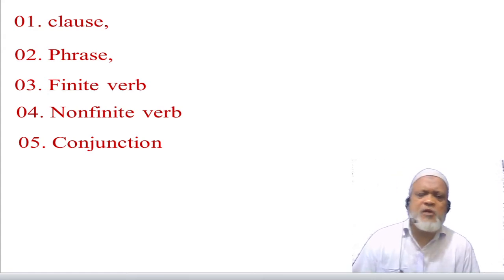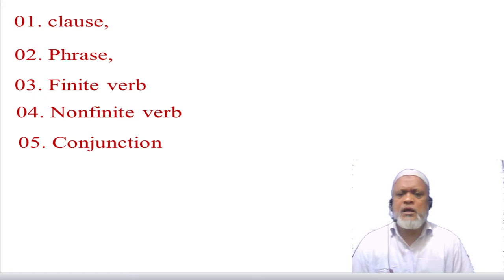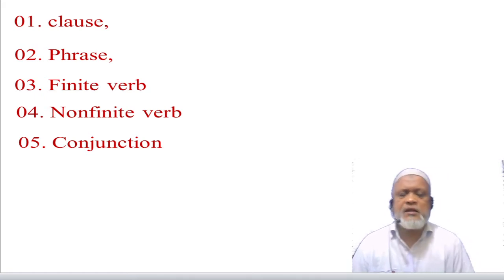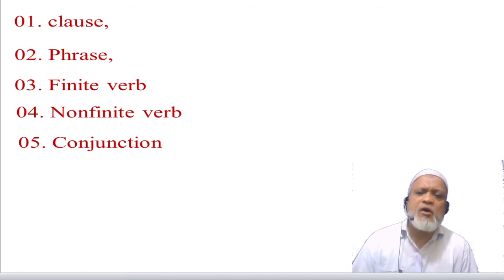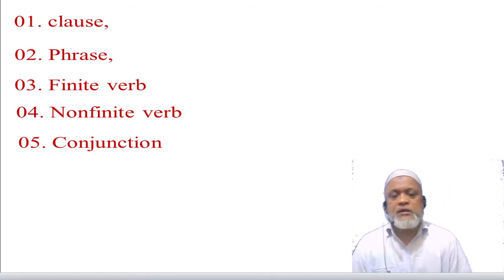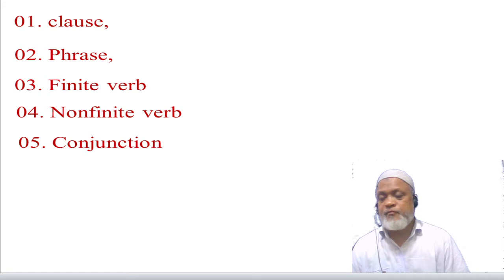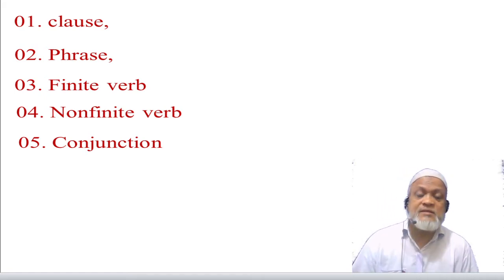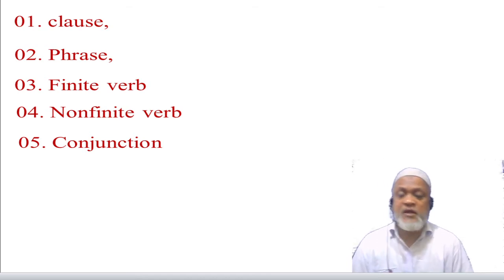Non-finite verb is limitless. It is not influenced by any other part of the sentence, or by tense or subject, and it also cannot complete the meaning of the sentence.